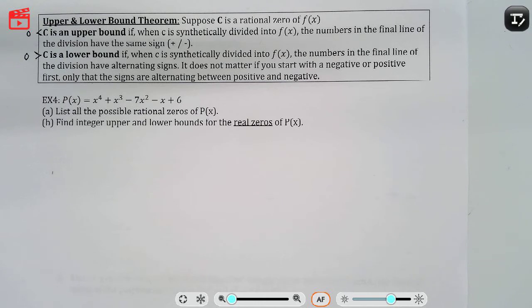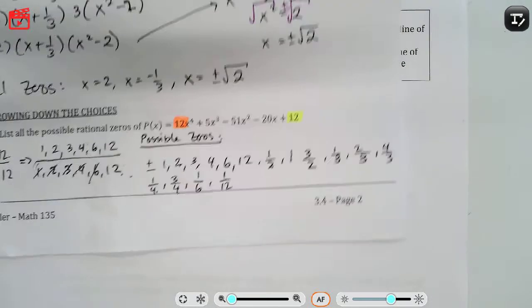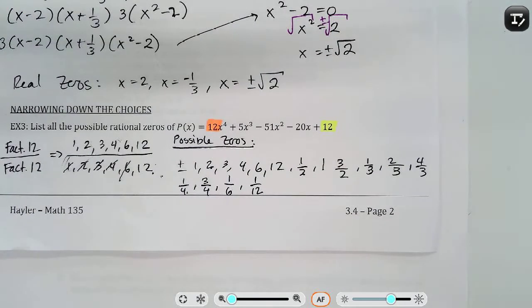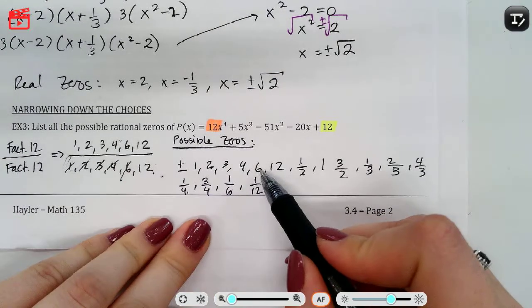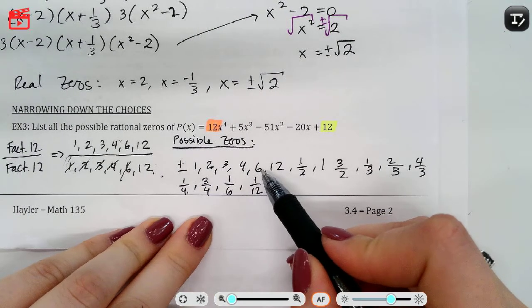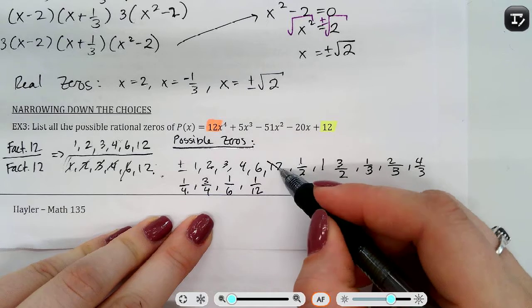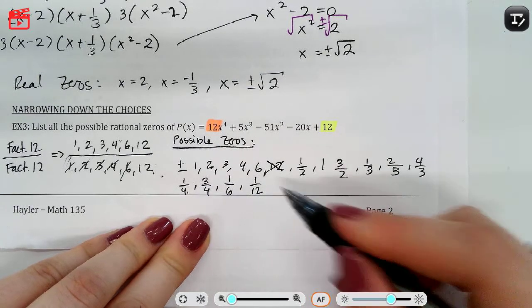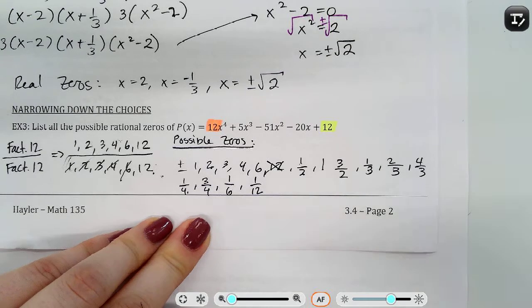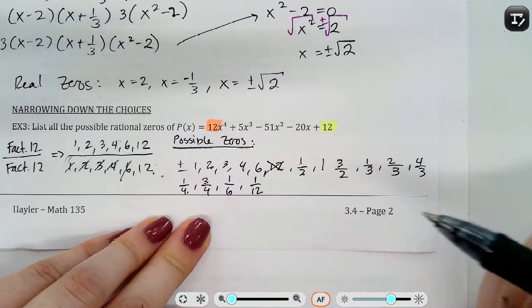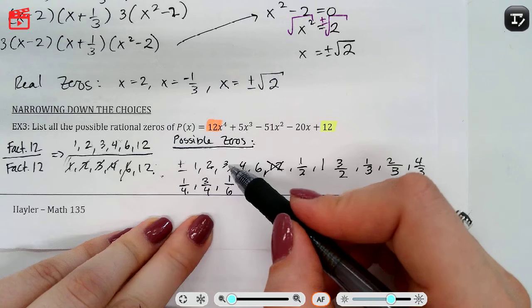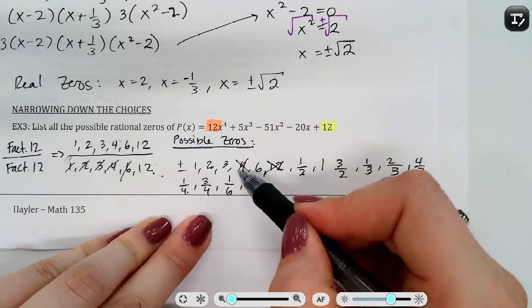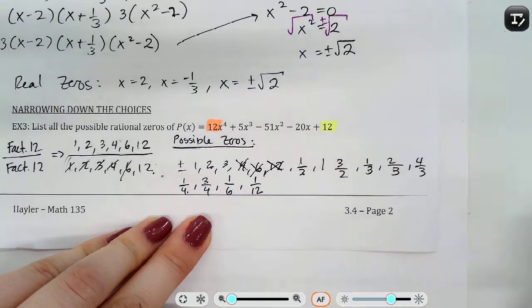For example, if I found out through all of my testing that 6 was an upper bound, that means I wouldn't even have to check 12, because I know 6 is the highest possible number there. Or if 3 was the upper bound, then I wouldn't even need to check 4 and 6.